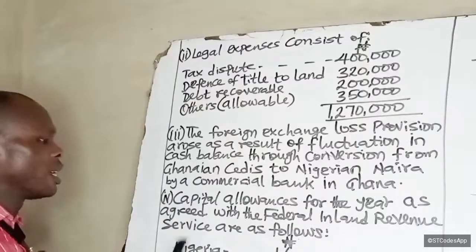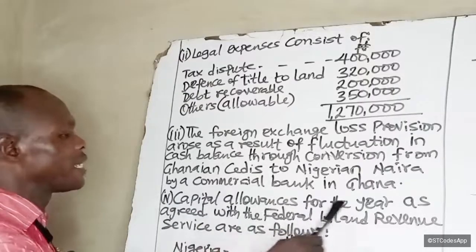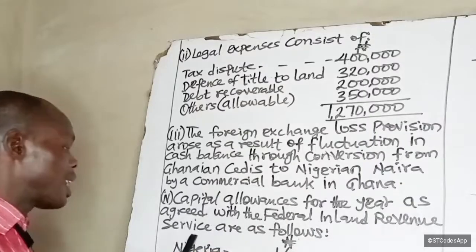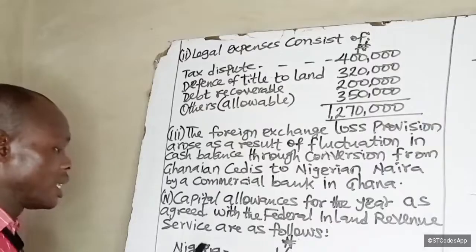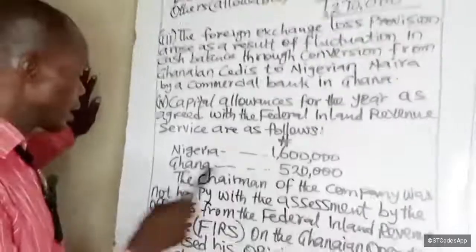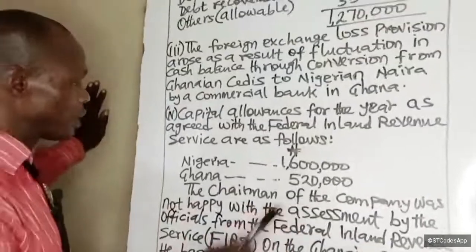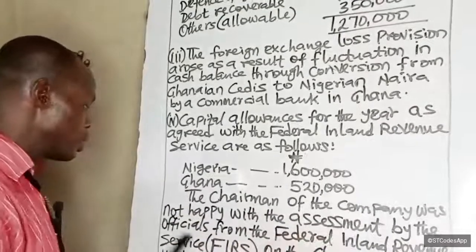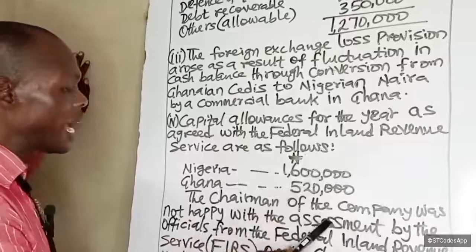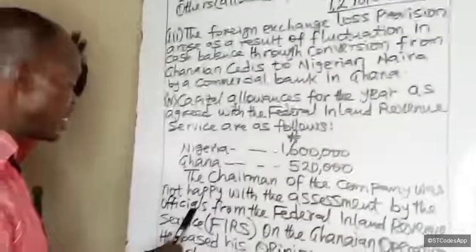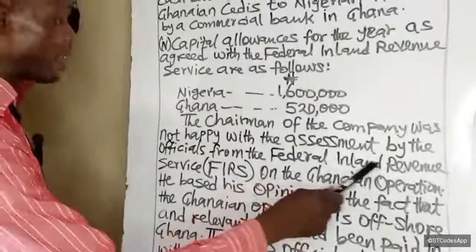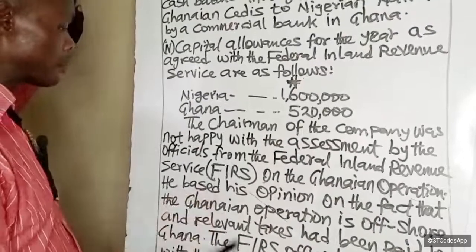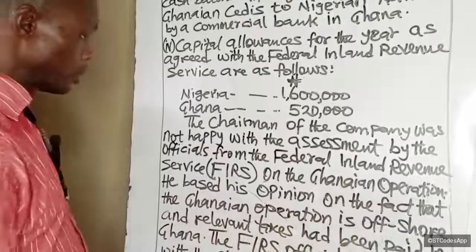Note 4: capital allowances for the year as agreed with the Federal Inland Revenue Service are as follows: Nigeria 1.6 million, Ghana 520,000. The chairman of the company was not happy with the assessment by the officials from the Federal Inland Revenue Service, FIRS, on the Ghanaian operation.